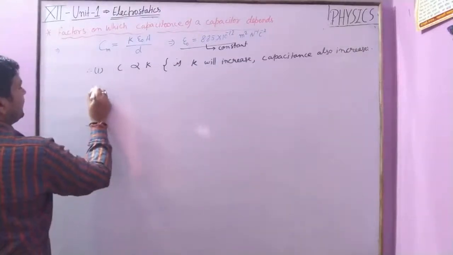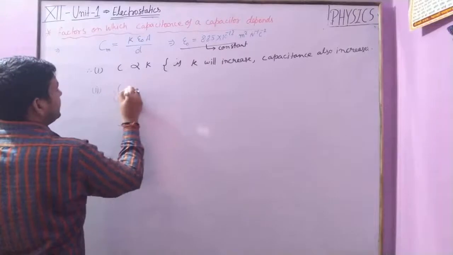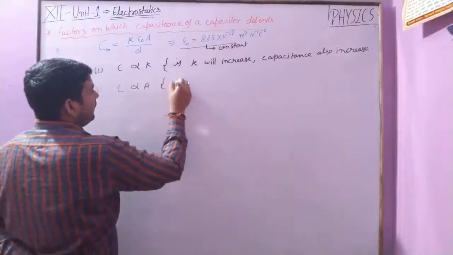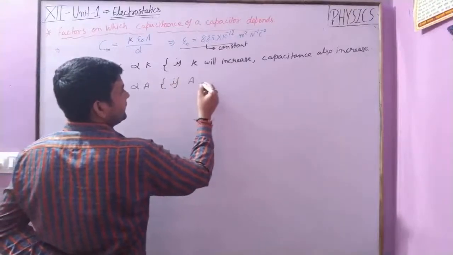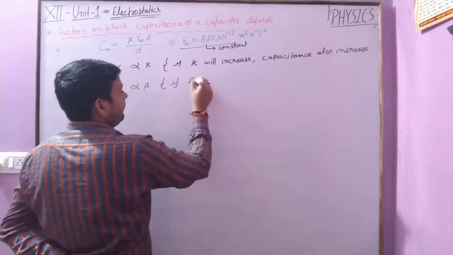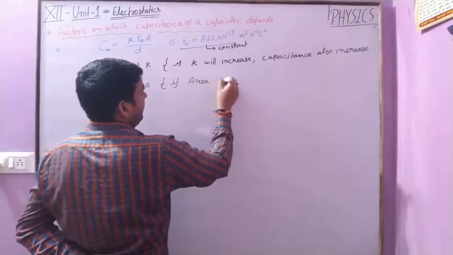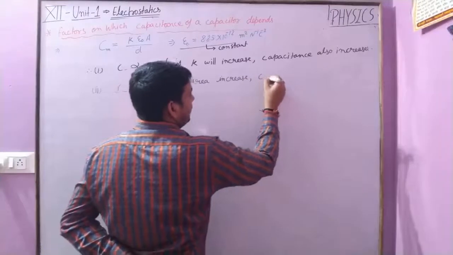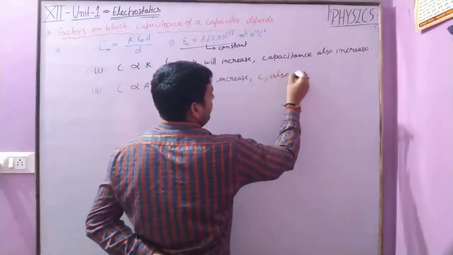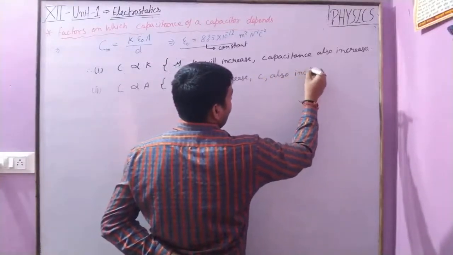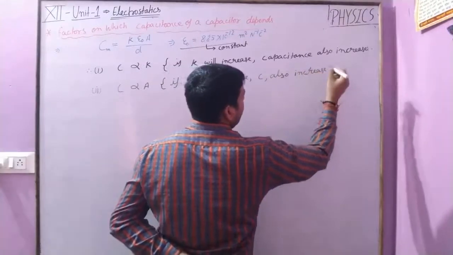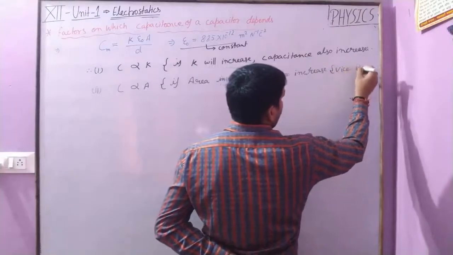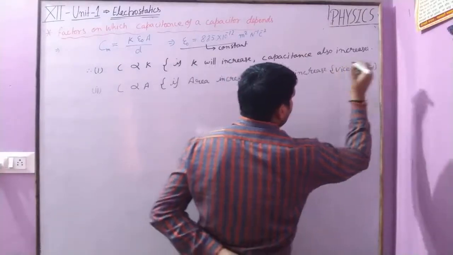Second factor on which it depends, that is C is directly proportional to A, which means if area increases, C also increases, and vice versa.